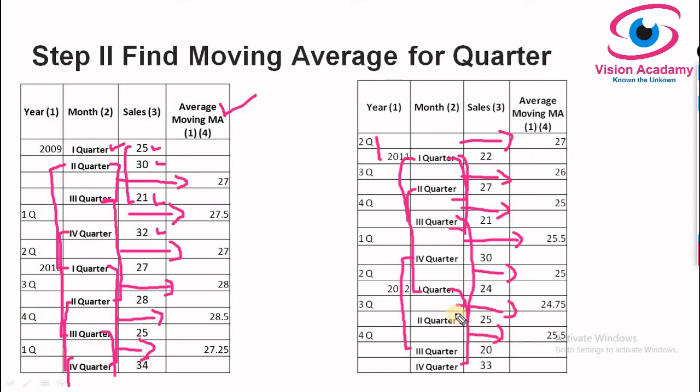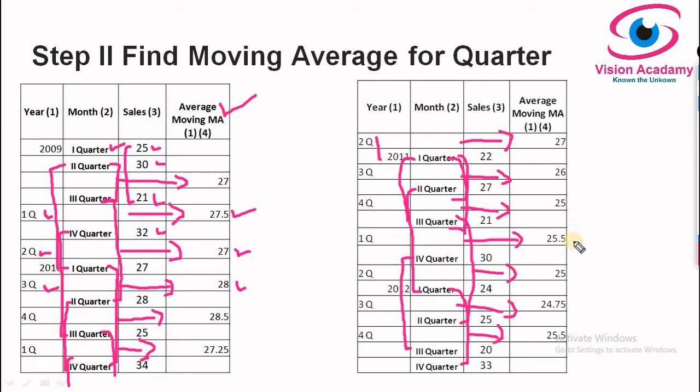Since all the data are exhausted, we can't move further. One more thing, I have clearly shown you which quarter is discarded. For example, in this 27.5 we have discarded the first quarter of 2009, for 27 we have discarded the second quarter, and for 28 we have discarded the third quarter of 2011.